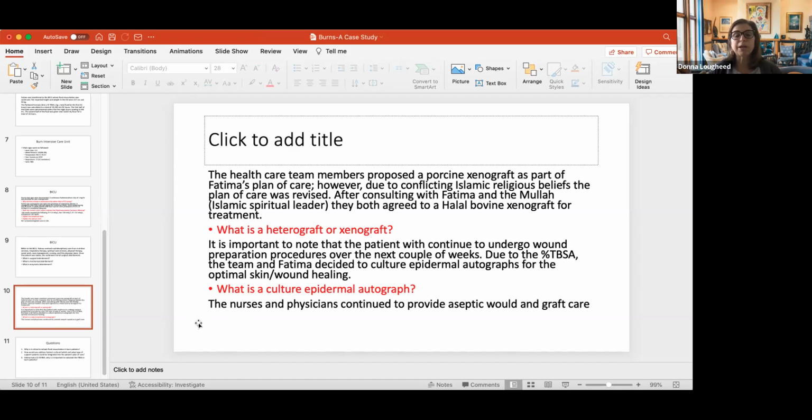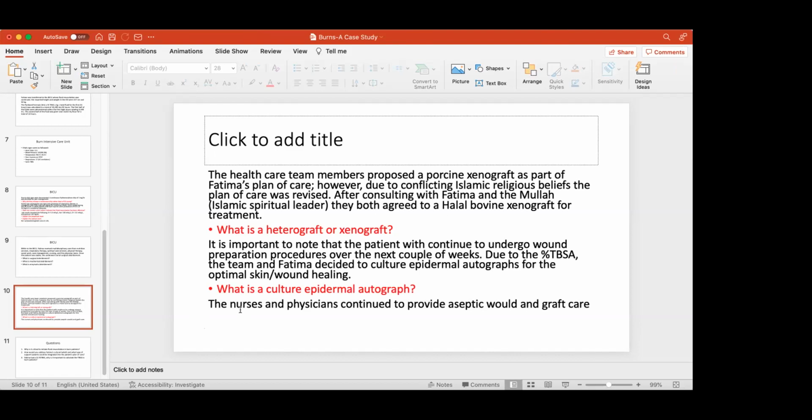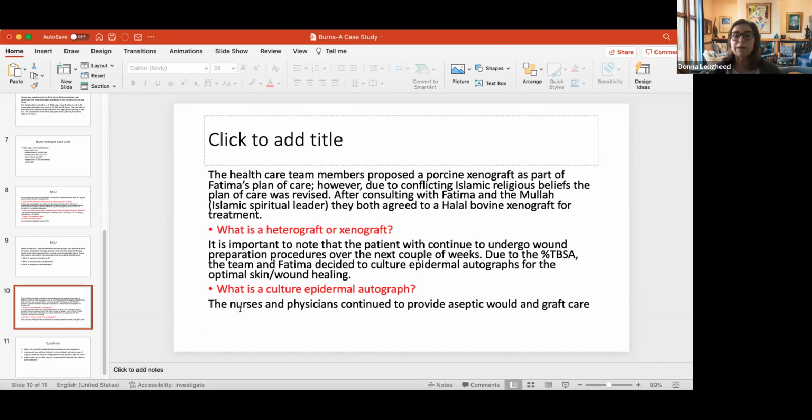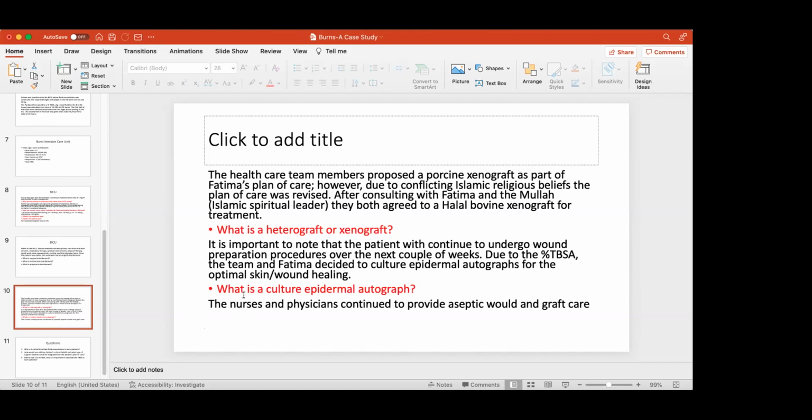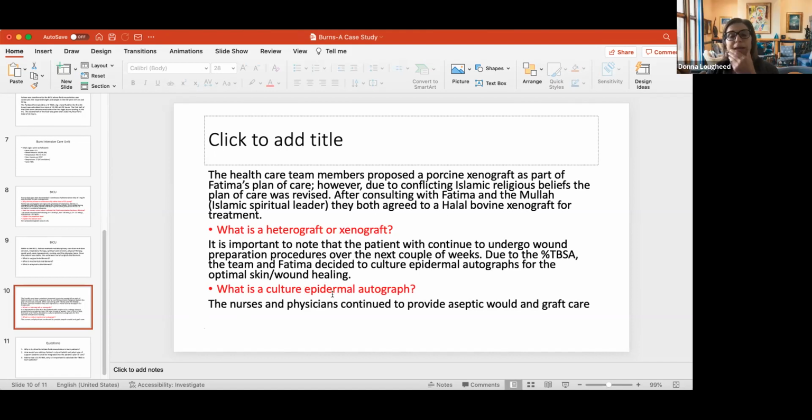What is a cultured epidermal autograft? From yourself. Human skin. Yes, they take the cells and grind them up. From a cadaver? Yes, they grow it.